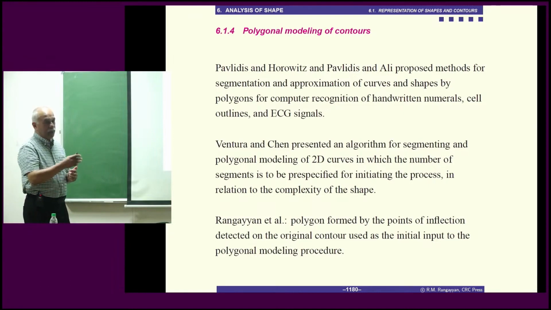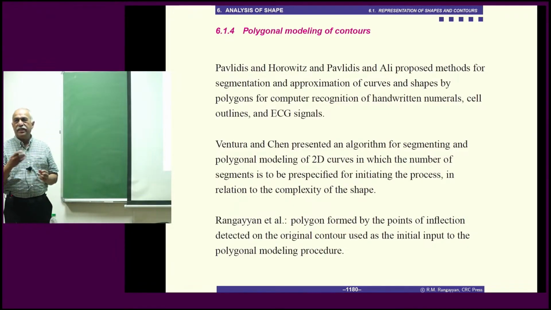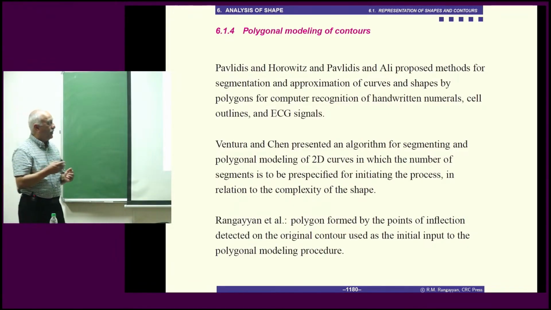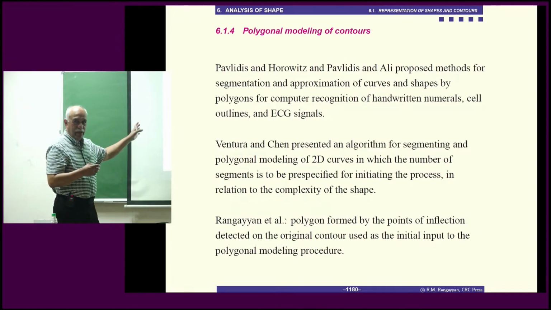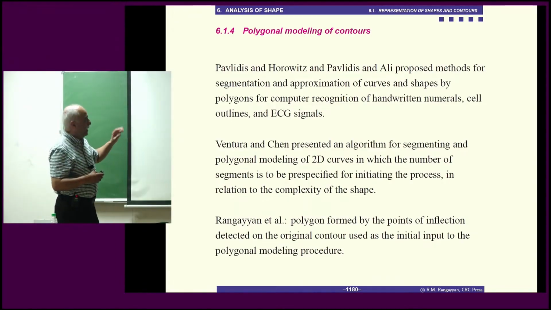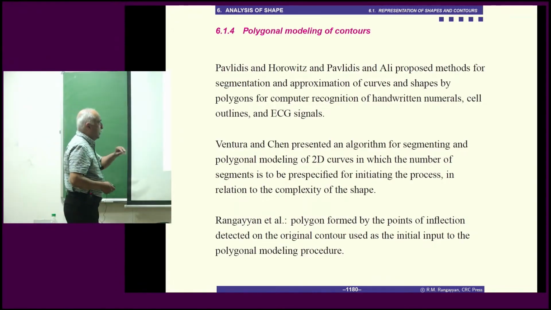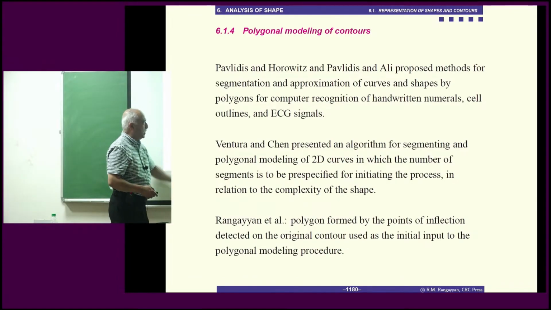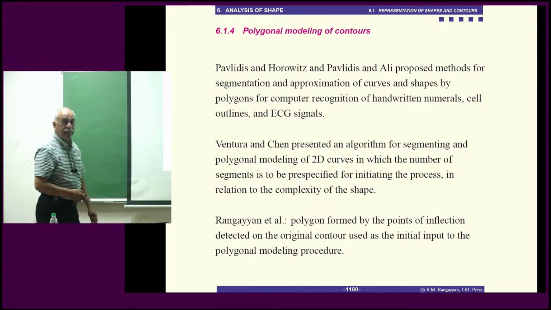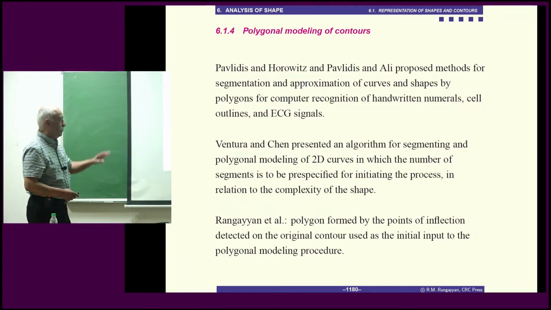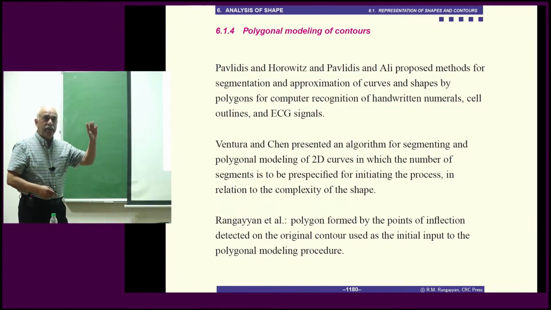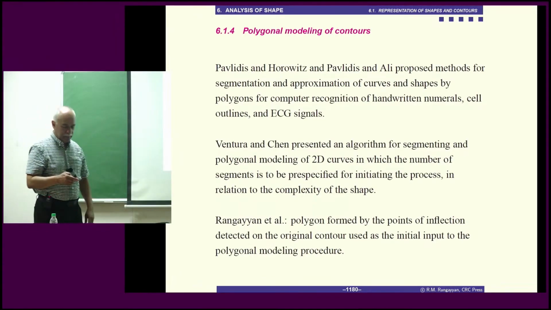So you could approximate various contours, open or closed, by fitting polygons to parts. Now, how do you get the parts is another question, but we did our partitioning as I showed just now. So in our work, a polygon is formed by using the points of inflection. Connect the points of inflection, but that's the initial step. And then you modify it iteratively.